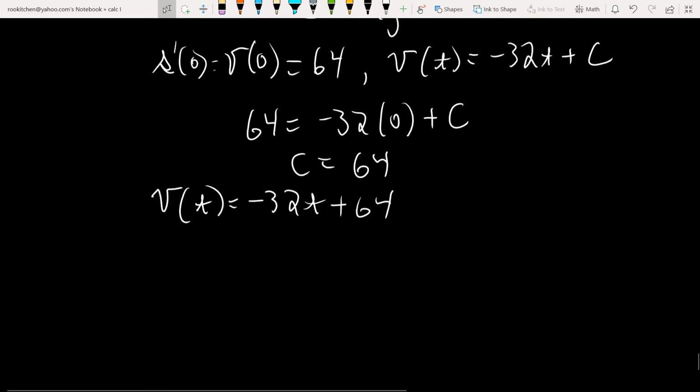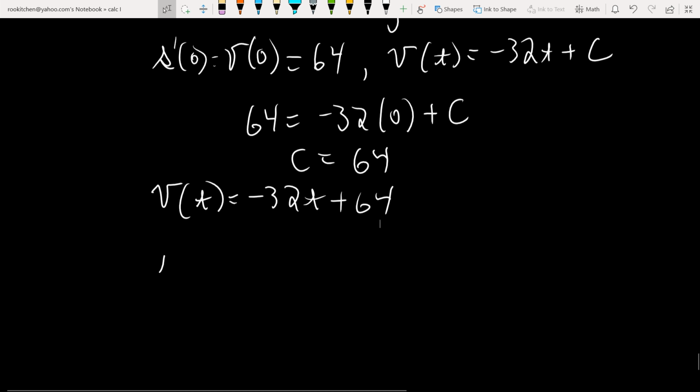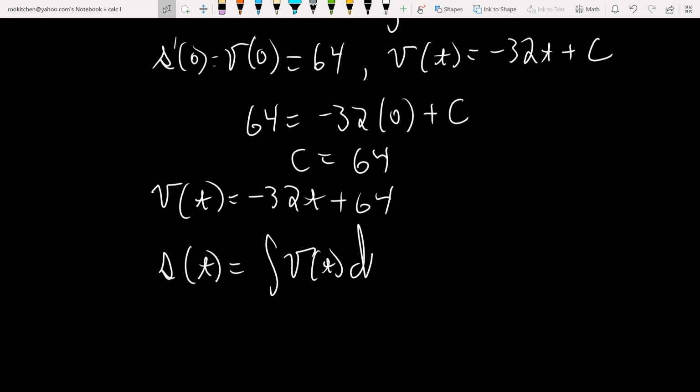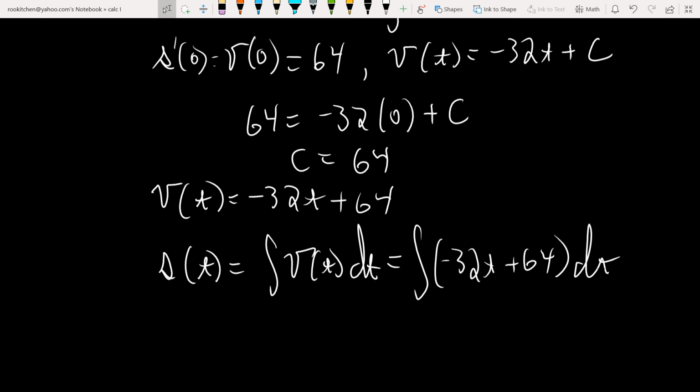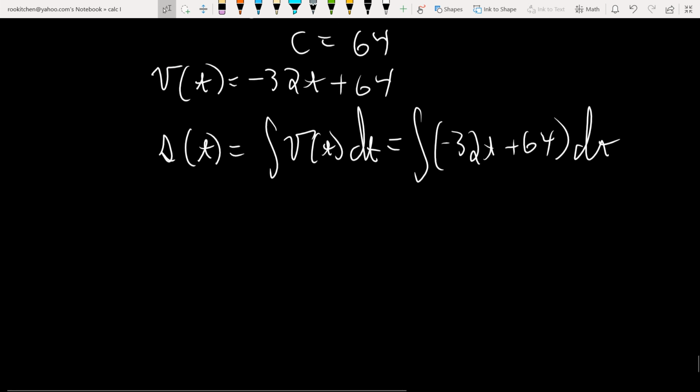Okay. Then we need to get our position function, so s of t, which equals the integral of the velocity function dt, which equals the integral of negative 32t plus 64. And you're going to end up with another constant, but we know the initial height, so we'll be able to solve for it.